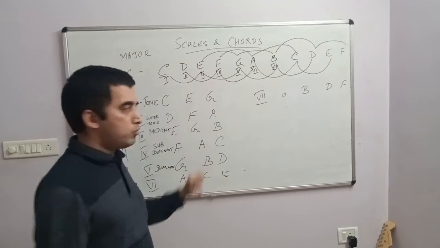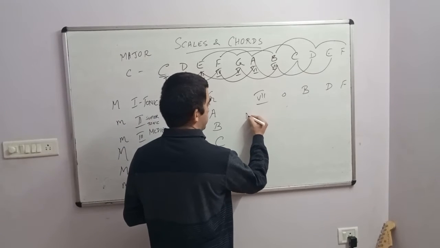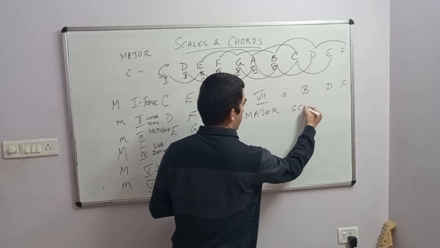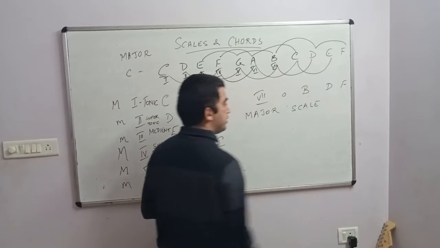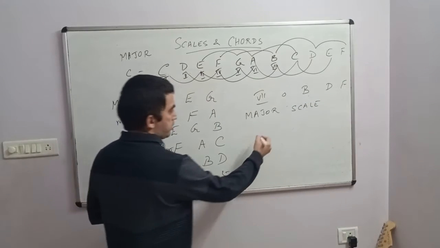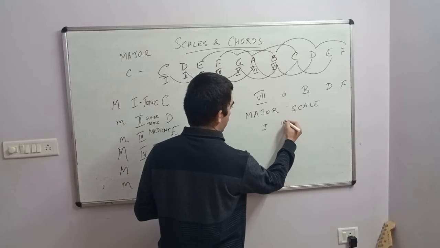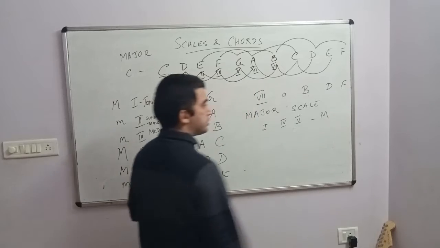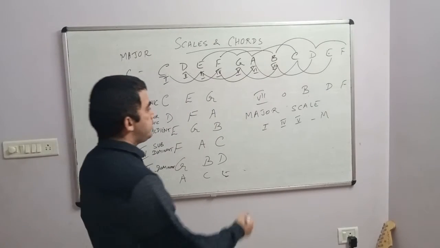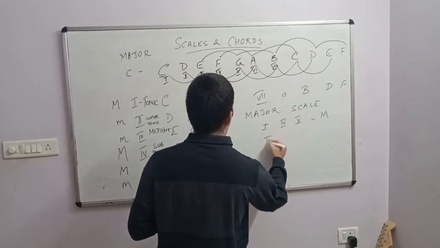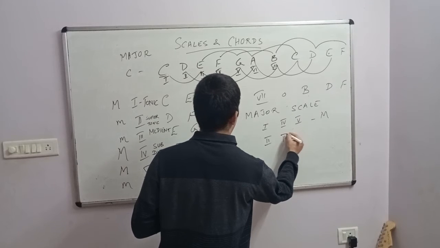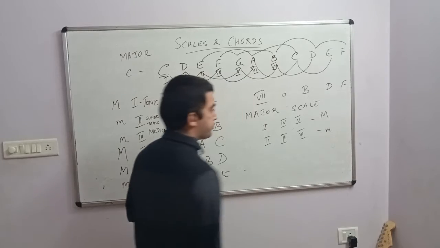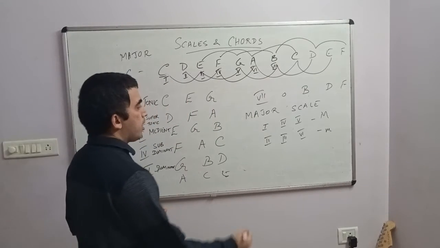So the moral of this story will be, in a major scale, the first chord, the fourth chord and the fifth chord are major chords, and the second, the third and the sixth chord are minor.